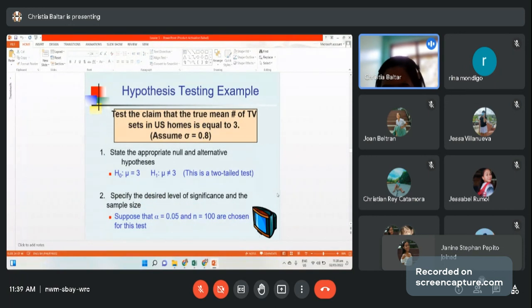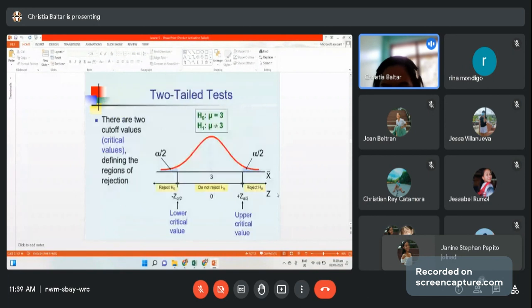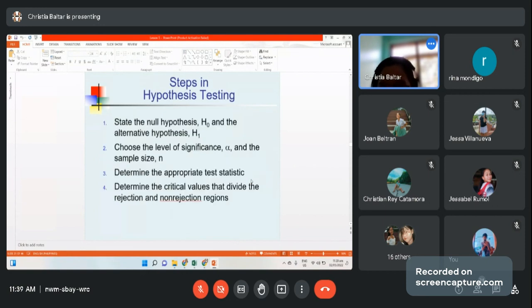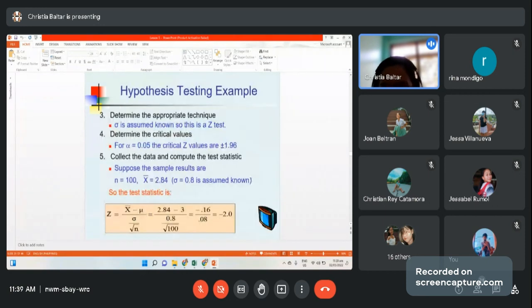Whenever we have a two-tailed test, we divide our alpha by 2. That reflects both sides, the left and the right rejection region.